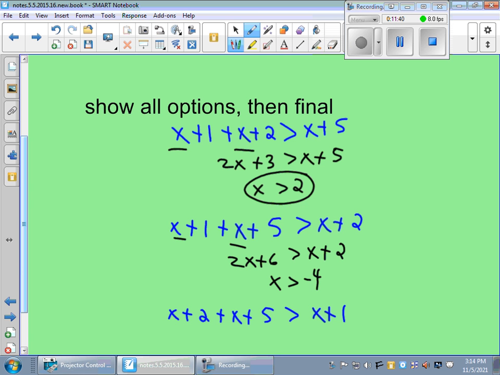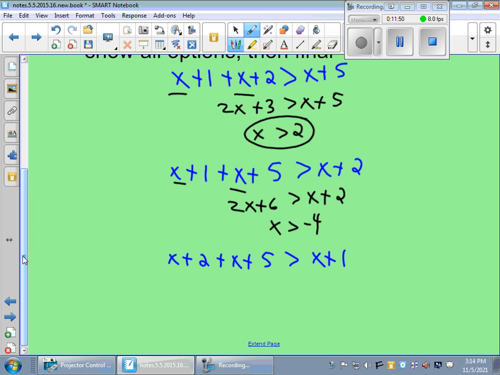So again, we're not going to deal with negatives. And then next slide here, we have 2X plus 7 is greater than X plus 1. If you subtract over again, you get X is greater than negative 6.